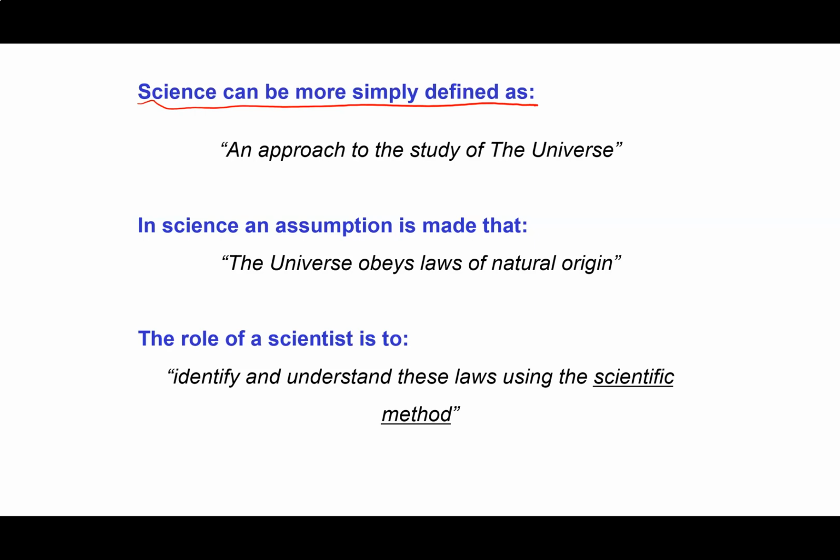So in science, an assumption is made that the universe obeys laws of natural origin. So the laws that we're talking about are not like societal laws. They're not things that we made up. They're not things that we created. They're things that just exist, right? They're just there.